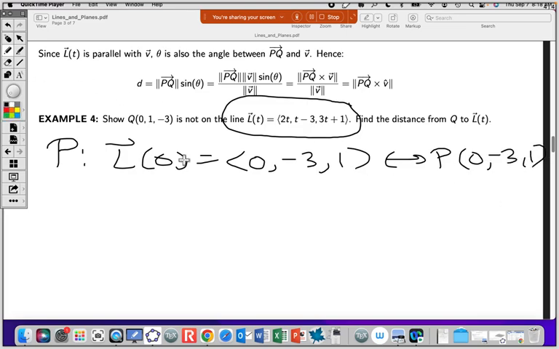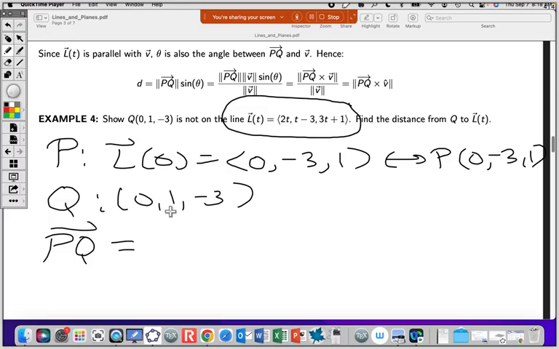Okay. So now we need to look at the vector from P to Q. So they give us Q is the point 0, 1, negative 3. So we would create the vector from P to Q. So we end at Q and start at P. So we always take the final minus the initial. 0 minus 0 is 0. 1 minus negative 3 is 4.